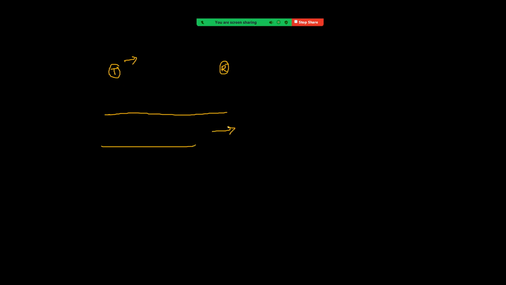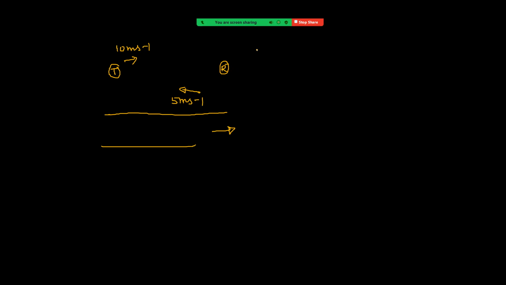Now they are outside the liquid. The transmitter velocity, the boat velocity, is given as 10 meter per second. And the wind is blowing opposite to the river flow. That is given as 5 meter per second.